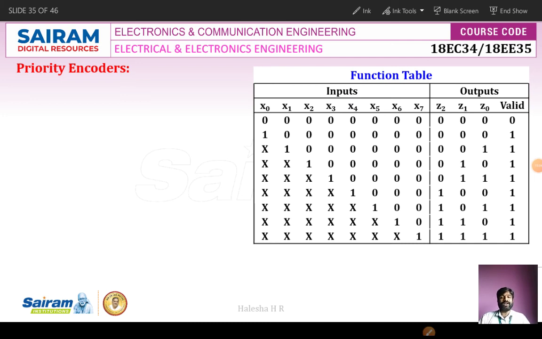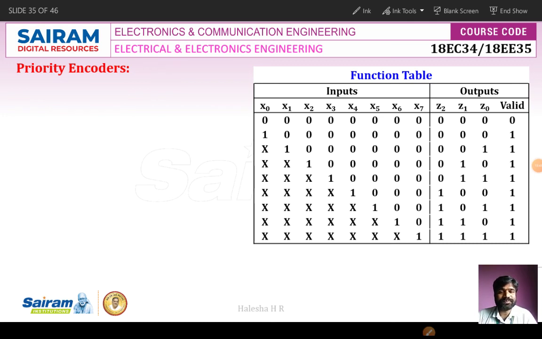Among these, it checks the default priority. The default priority goes to the input with the higher subscript decimal value. Here the x0 and x1 subscript values are 0 and 1, so x1 will be the high priority. That is why we say x0 is don't care. Whether it is 1 or 0, by default the output goes to x1.